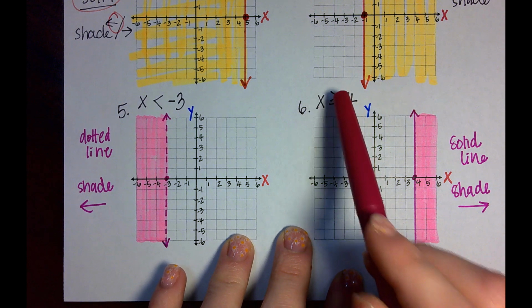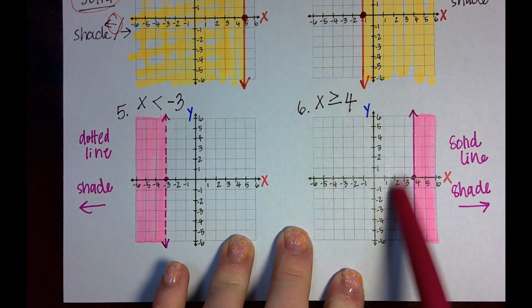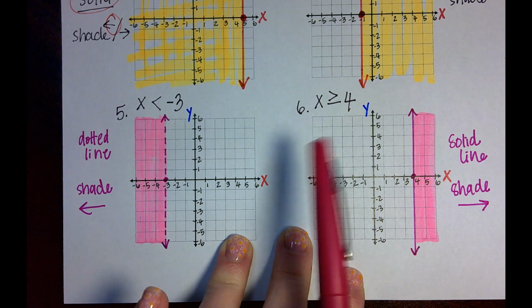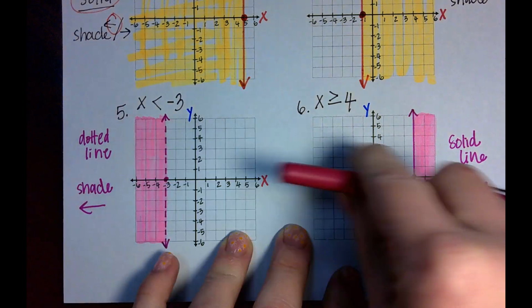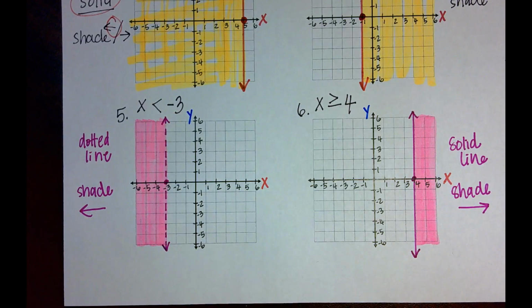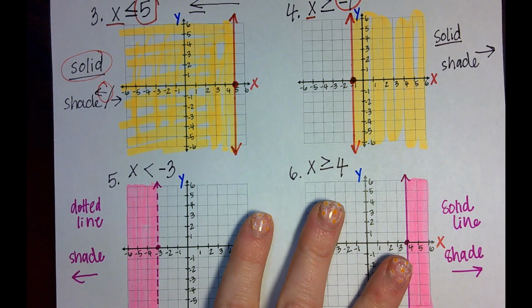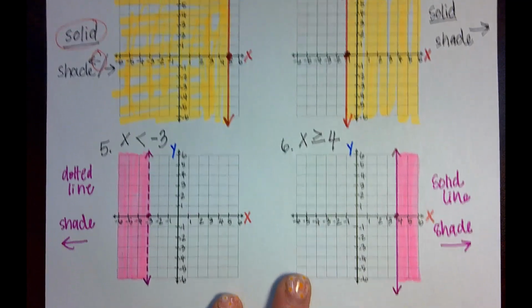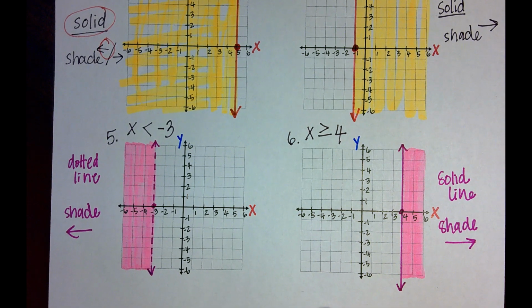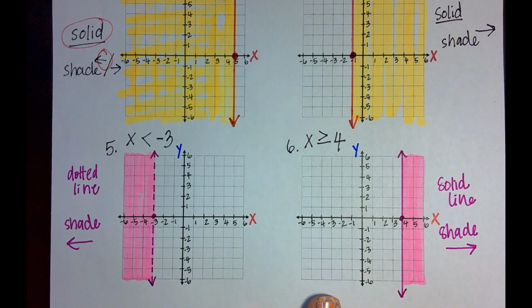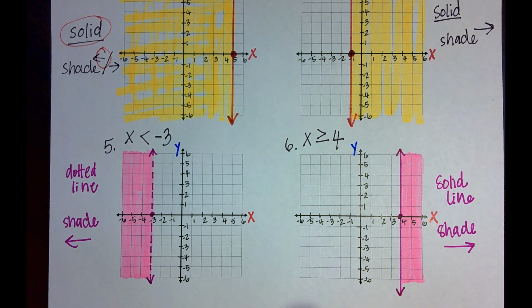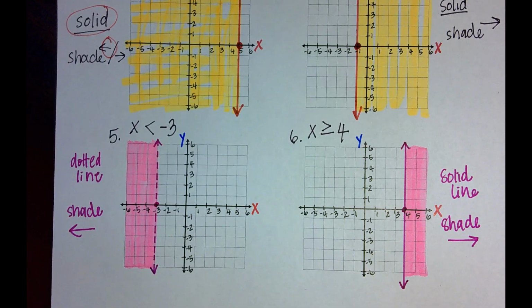It said x is greater than or equal to 4, so straight up and down on 4, shade to the right. Okay, so I would hold on to this paper, label it with something to help you remember. If you forget how to graph something that has just an x, no y, you can look back at this page and remember you're always doing a line straight up and down, and you're shading to the left or the right. So I'm going to move that to the side.